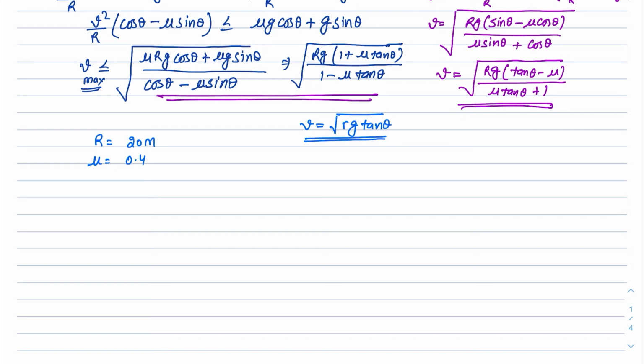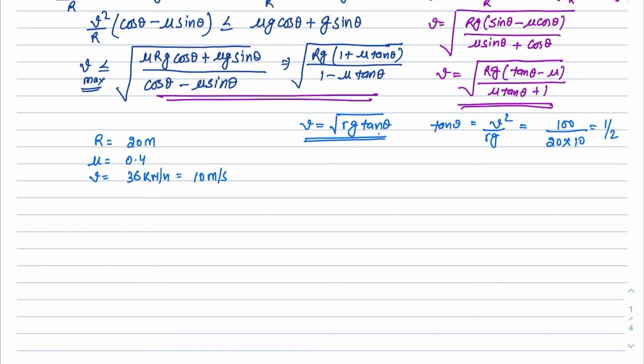So this is the theta we can get when there is no friction at all, right? So tan theta will become v square upon rg. The value of v is 36 km per hour. That means 10 meter per second, right? So if we feed this value here, v square is 100 upon r is 20 into g is 10. So this will become 1 by 2. So tan theta value is 1 by 2.